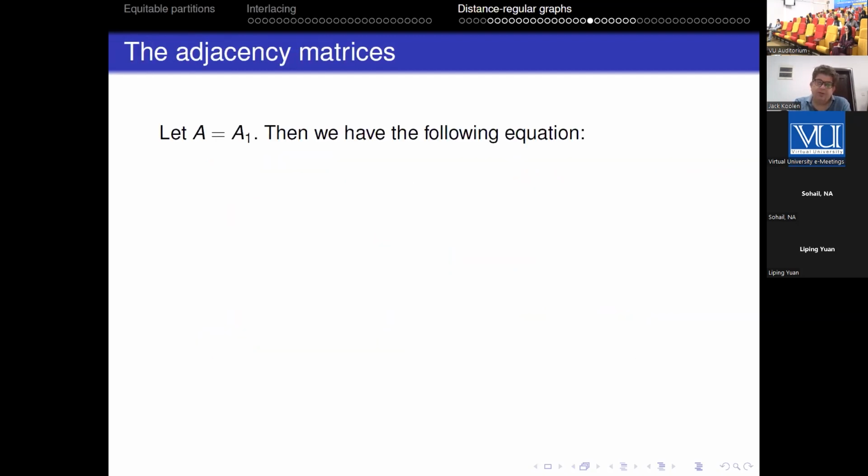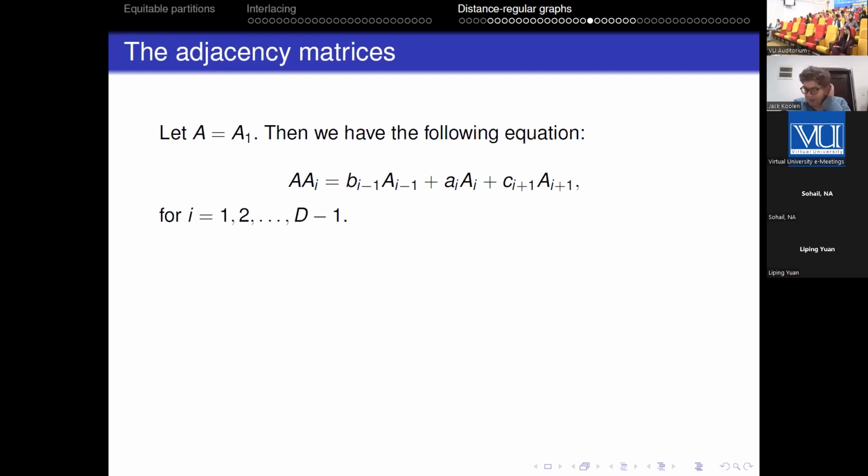So now A, A1. Then we have A times A_i is B_{i-1} times A_{i-1} plus A_i times A_i plus C_{i+1} times A_{i+1}. This is not difficult. You just look at x, y and see what happens.